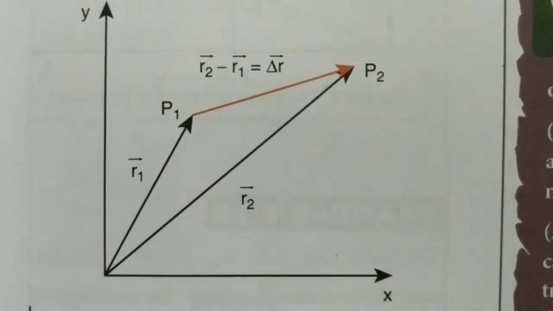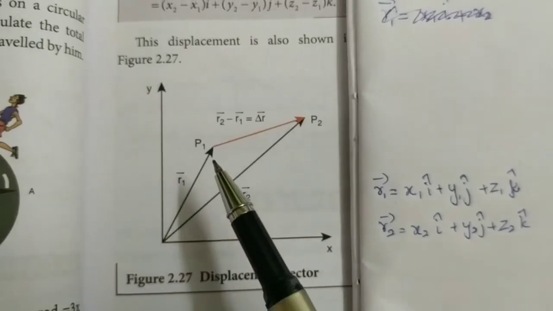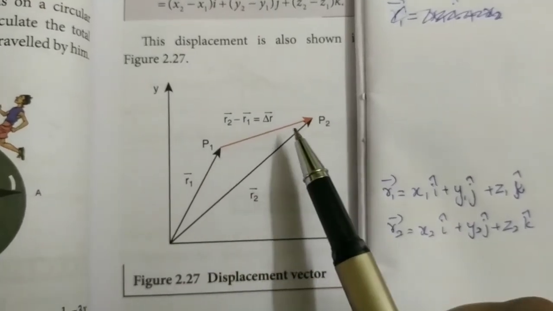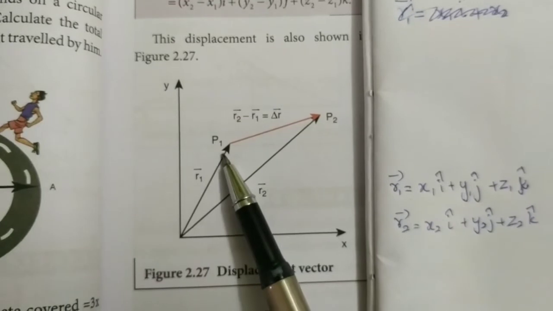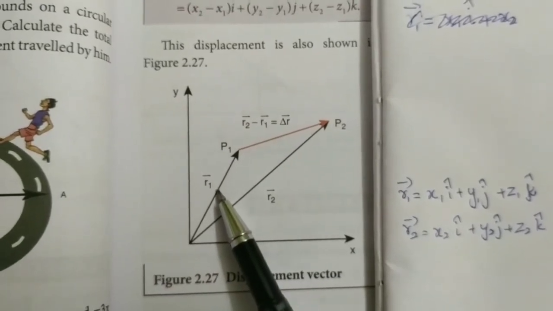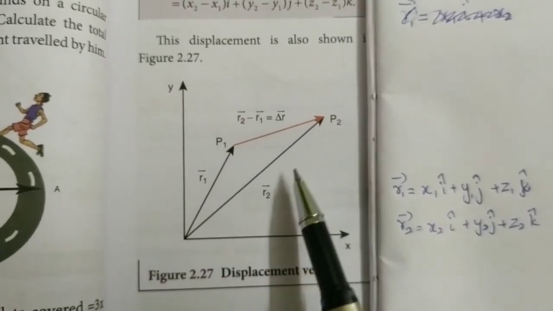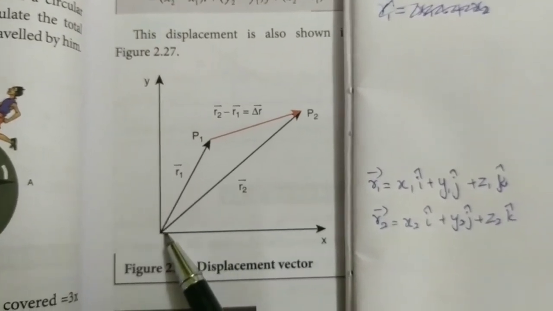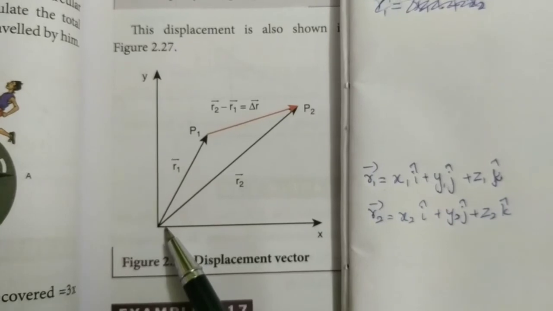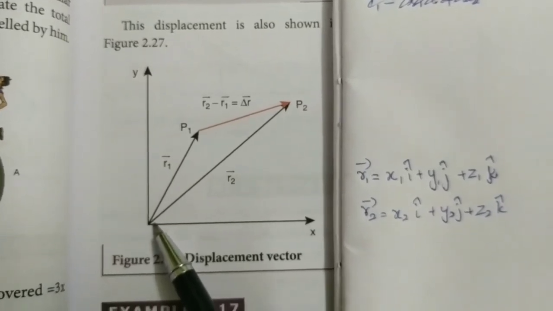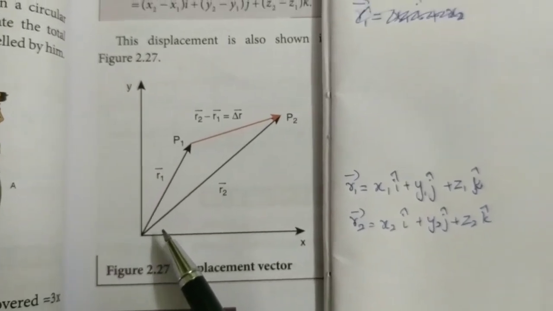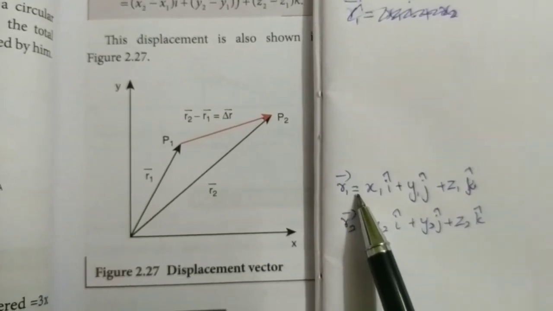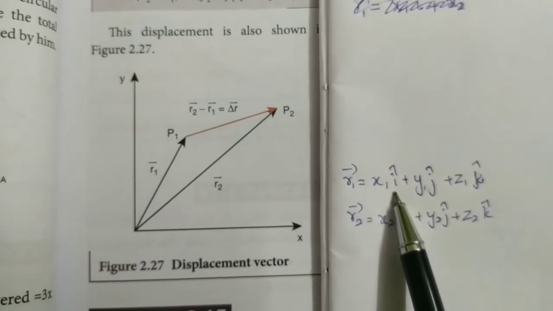We know displacement is a vector quantity, so we can write this displacement vector in terms of position vectors. Let us consider a particle is moving from point P1 to point P2. At P1 the position vector is R1 vector, and at P2 the position vector is R2 vector. In this diagram only two axes are given, that is a two-dimensional plane, but in the equation given in your book the three-dimensional Cartesian coordinate system is taken.